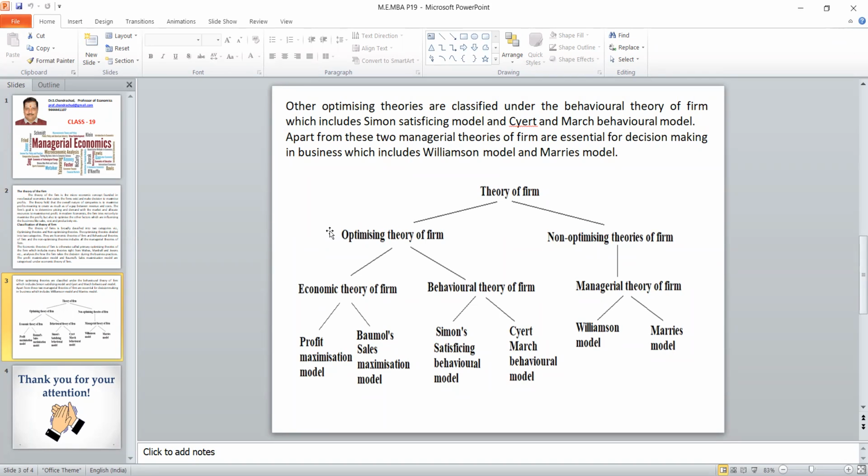Now I am going to continue with the profit maximization model. Shall we continue? I'm stopping this sharing. I will share the profit maximization model.